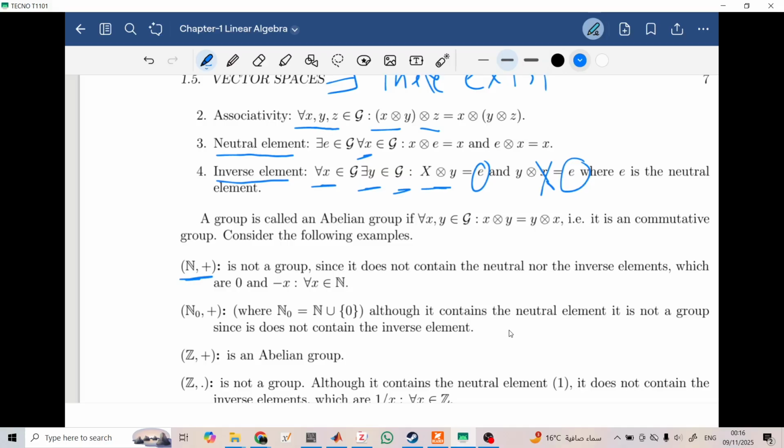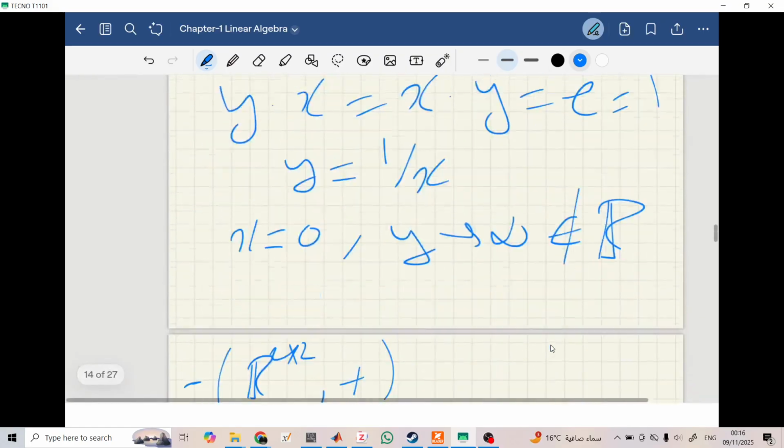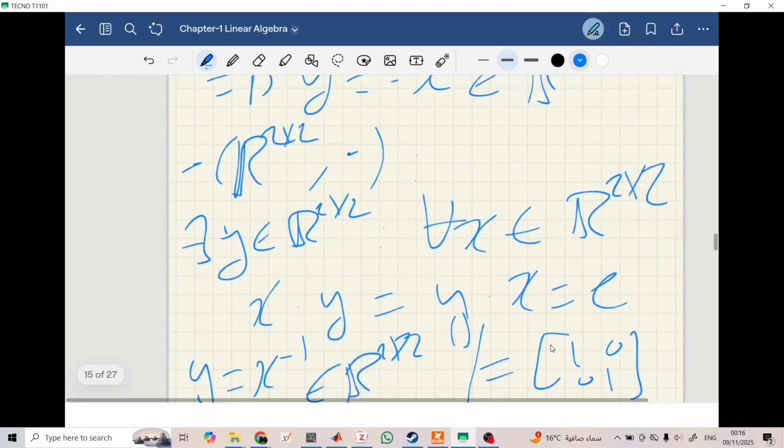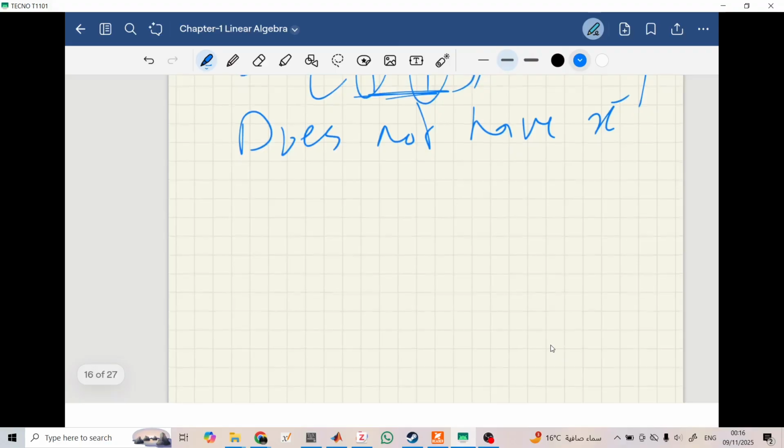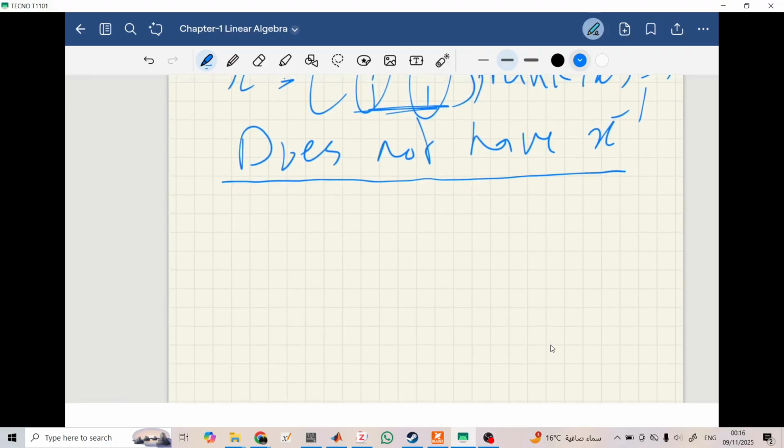So let's write it down. The set of natural numbers and addition.